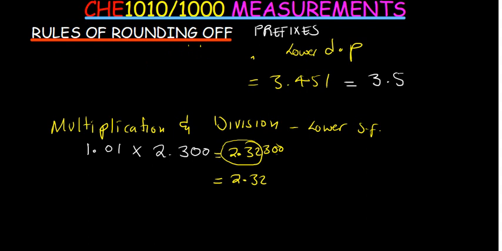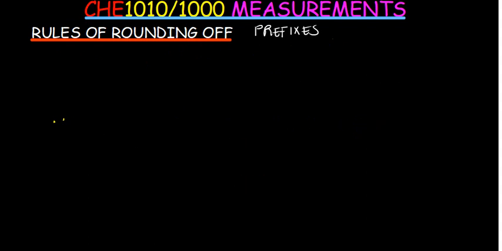Now let's look at the rules of rounding off. The first one: when you are rounding off and the number after your cut-off is below 5, you don't change any number. For example, 2.453200. You want to write this number to 3 significant figures.